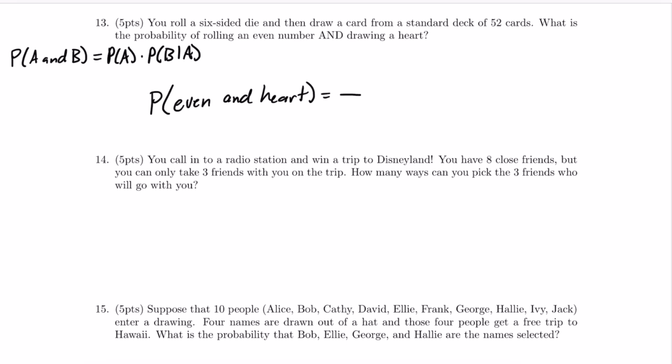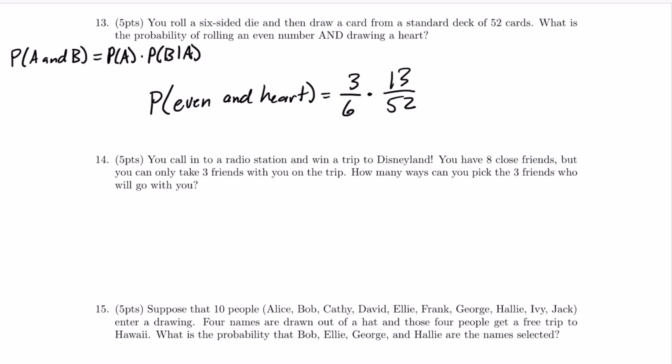Well, out of the 6 options on a die, 3 of them are evens, so that would be 3 out of 6. And then assuming that I roll an even number, what's the probability of drawing a heart? Well, the die roll has nothing to do with the card that you draw from the deck. So the probability of drawing a heart, assuming that you rolled an even number, would just be 13 out of 52, because there's 13 hearts in a deck of 52 cards.